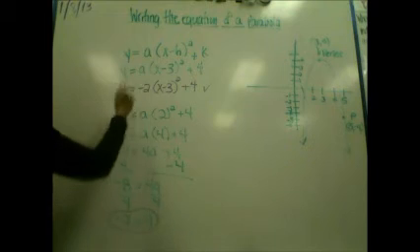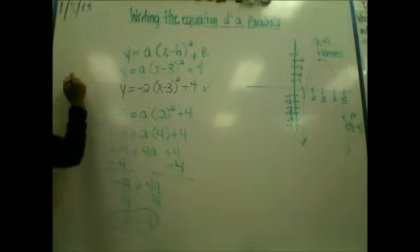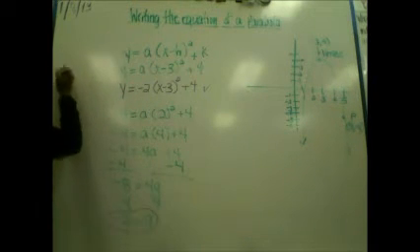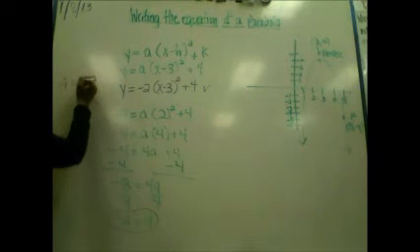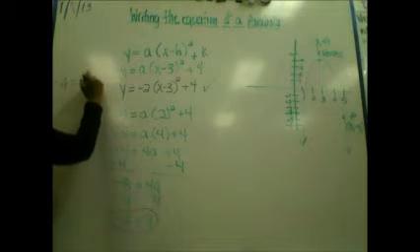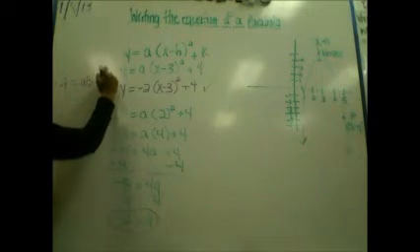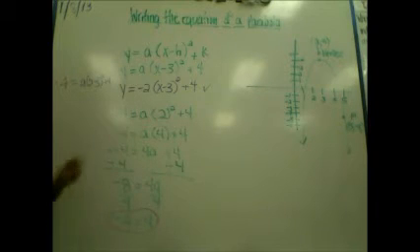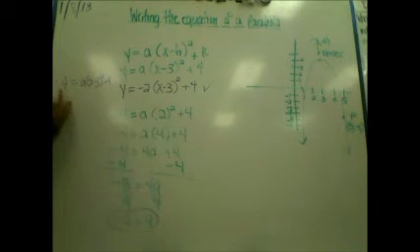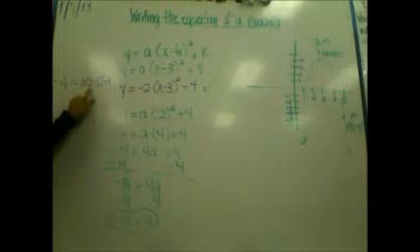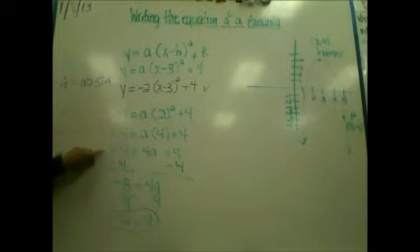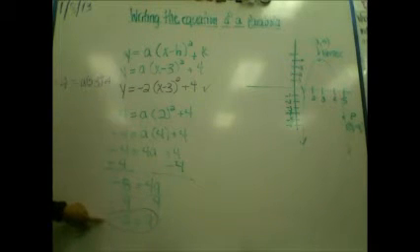So the equation above this was y equals, instead of writing y, you write -4 equals a times 5 minus 3 squared plus 4. So you substituted the point P for your x and your y. Then you simplify. Once you simplify, you get a equals negative 2.